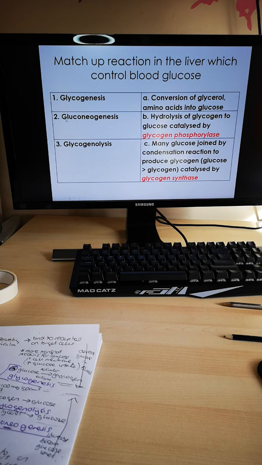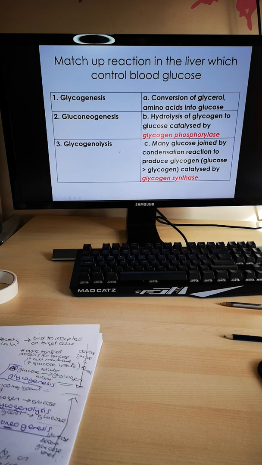For this one, remember now it's gluconeogenesis. So glucose, new, and generating it. So that should tell you then that this is the conversion of glycerol and amino acids into glucose, leaving us only glycogenolysis as B, the hydrolysis of glycogen to glucose.